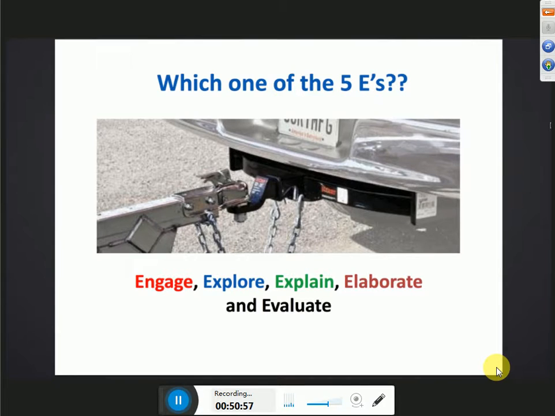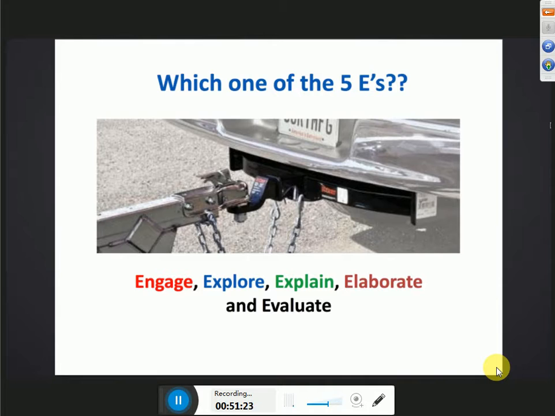That's a photograph basically from my own vehicle, but not all of us have this system. Now I ask them to explain the difference between this and the previous slides, and they should be able to tell there are chain links. What's the purpose of that? If the hitch breaks, then of course the chain links are engaged.